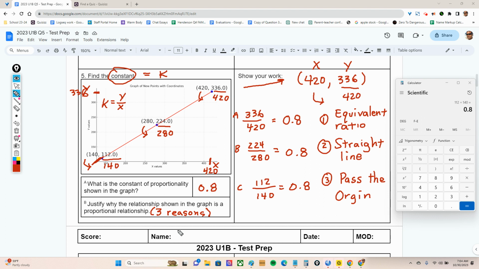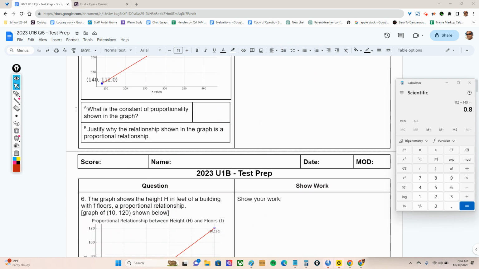All right, go around and check. Pause it out. All right, let's go on.